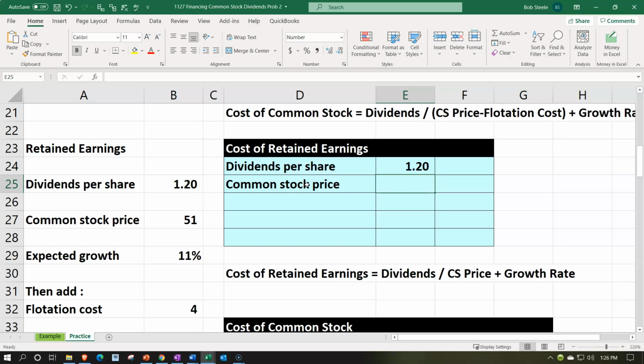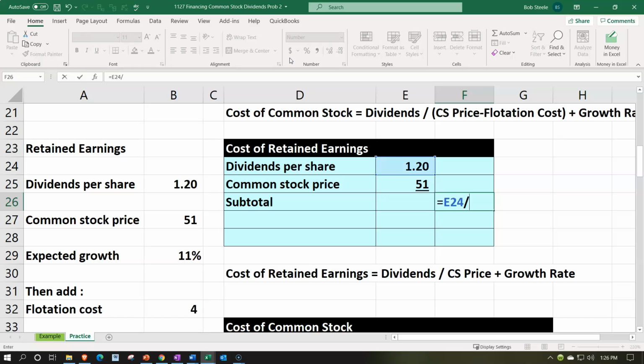So it's going to cost us $1.26 to get the $51 per share. Underlining that, font group and underline, that's going to give us our subtotal. And that's going to be equal to the $1.20 divided by the 51 sales price, making that into a percent, number group, percentify, adding a couple decimals for it.